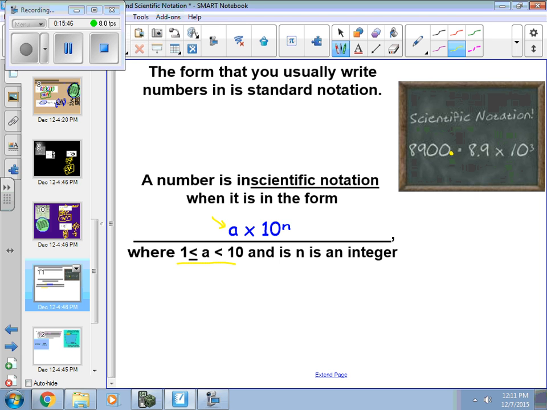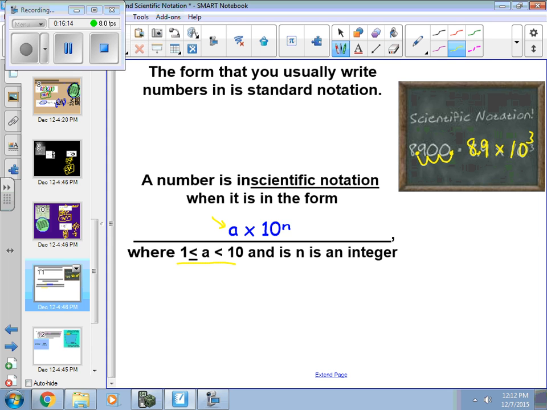So right now, decimal point is here, we want it to end up right there after the 8, because that's the first non-zero number. So then you want to figure out, well, how many place values do you need to move it? 1, 2, 3 times. So we would write this as 8.9 times 10, and then since we moved it 1, 2, 3 times here, to the power of 3. So that's how you write it in scientific notation.